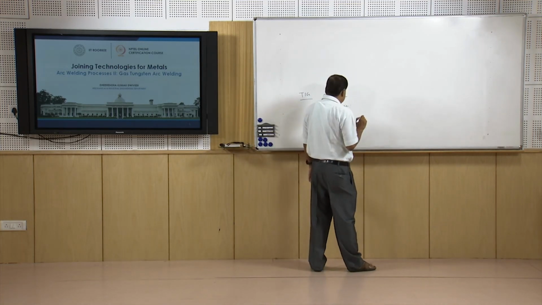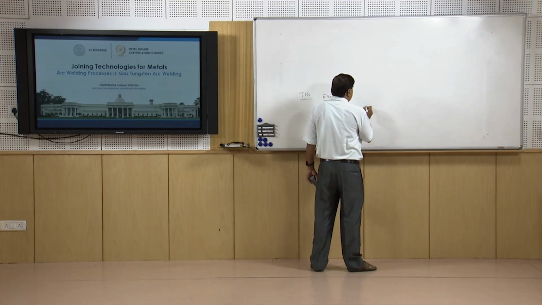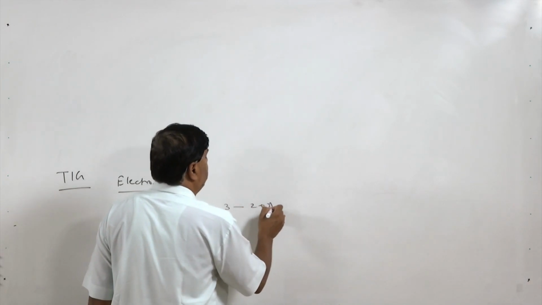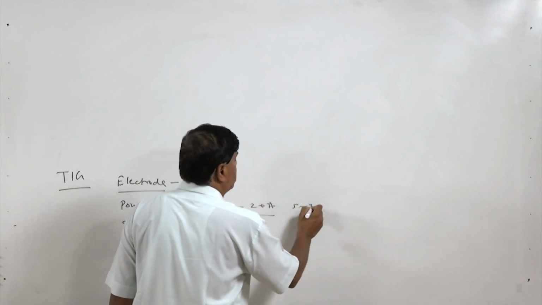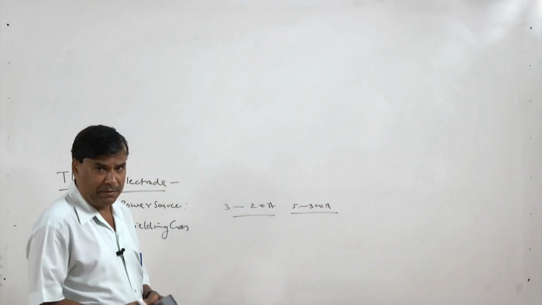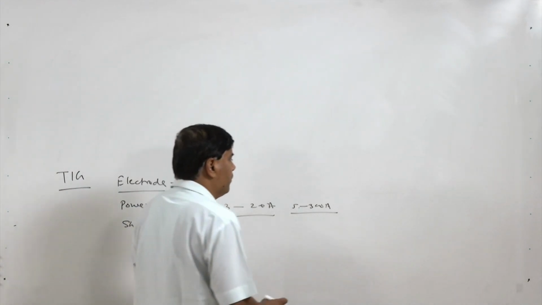As per the capacity, GTAW power sources can have a range of say 3 to 200 ampere or 5 to 300 ampere current rating. It is about the maximum current which can be drawn from the power source.